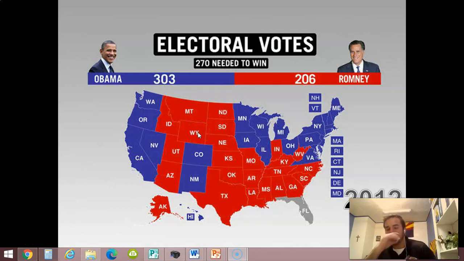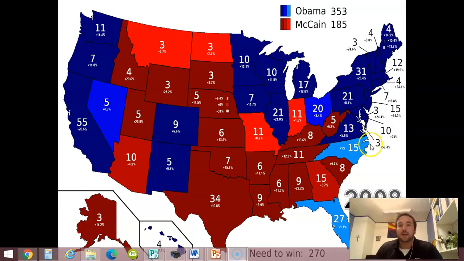So I'm not saying you don't want to win them, you do, but you don't get a lot of Electoral College votes thrown your way. And these tiny little states like Rhode Island, Massachusetts, some of them only have 3, but a lot of them have so many people in there that they actually have 6, 7, 9, 10 votes that you can win if you win that state. Let's go back to 2008.